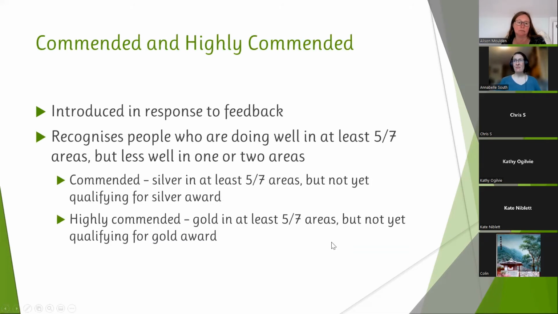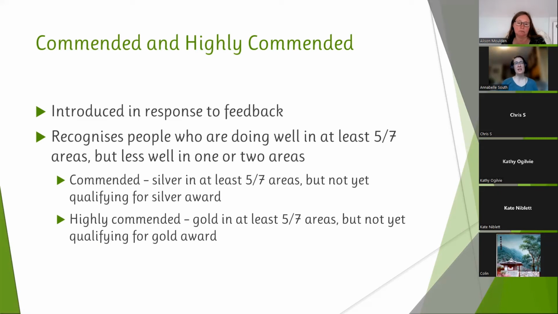The other thing we found was that some households are doing really well in 5 or 6 areas, but there's just one area that they can't make progress in. They can't reach the level that they want to, and the level that they're reaching in the other areas. And we wanted to find some way to give recognition for the effort that those households are making when they might not necessarily qualify for a gold or silver certificate.